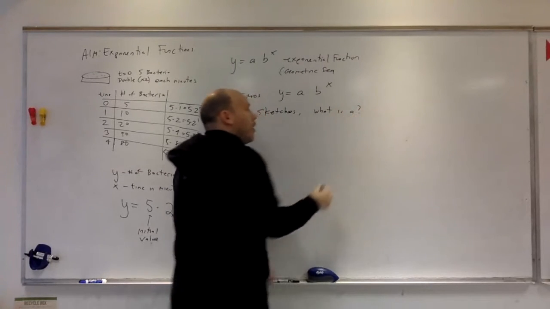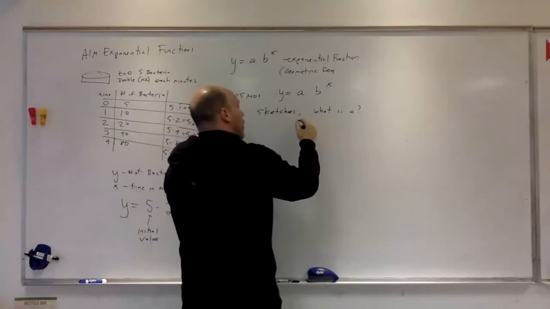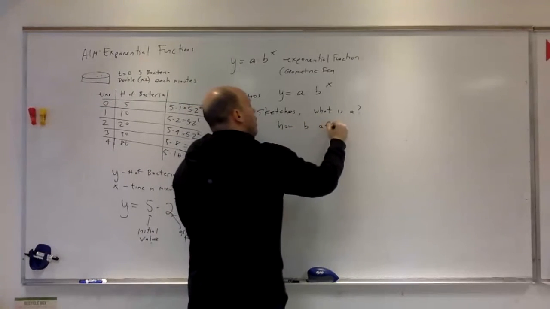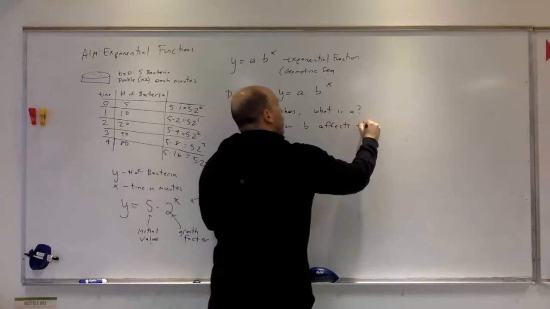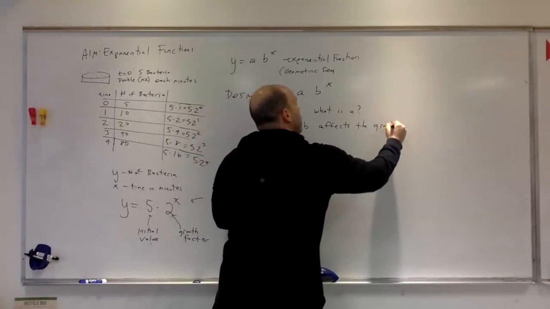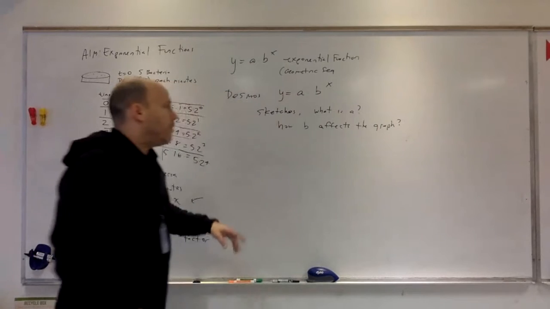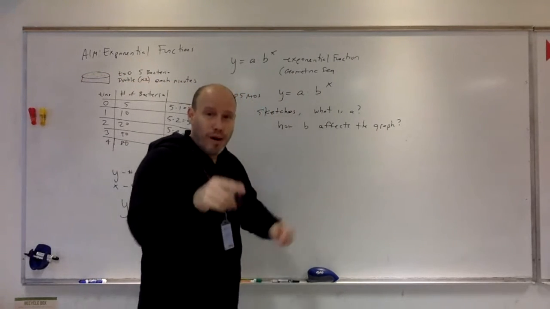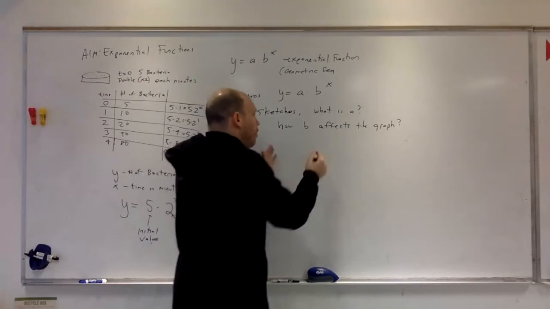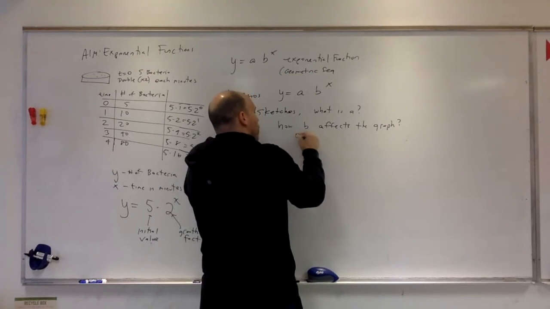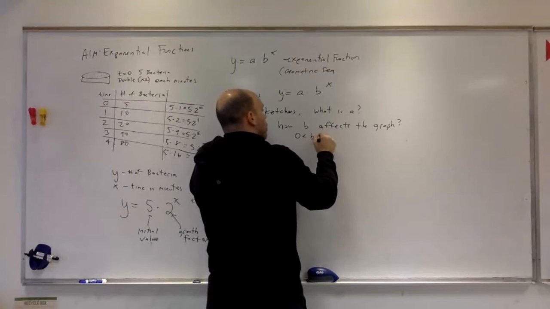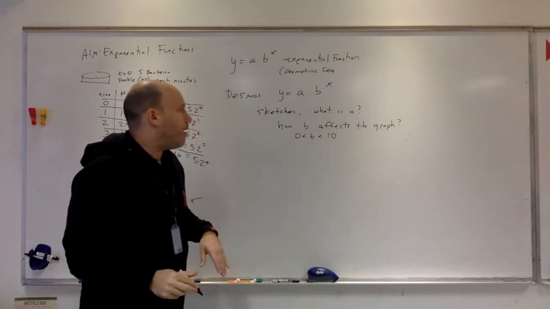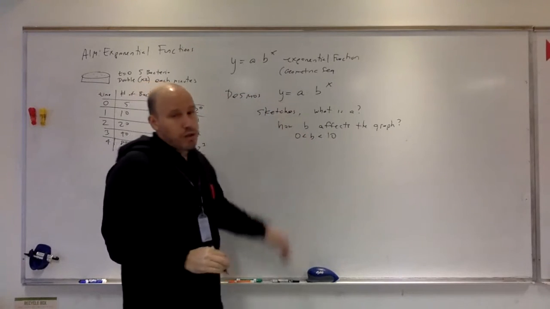And then I want you to tell me how b affects the graph. And also, when you're creating your slider, maybe you're doing it right now, just make b from 0 to 10. Right? So let's get the sketches down.